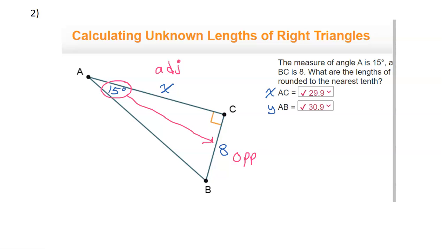There's a little acronym that I like to use to remind me of all the definitions of the three trig functions. And the acronym is SOHCAHTOA. Alright, this stands for sine is opposite over hypotenuse, cosine is adjacent over hypotenuse, and tangent is opposite over adjacent.